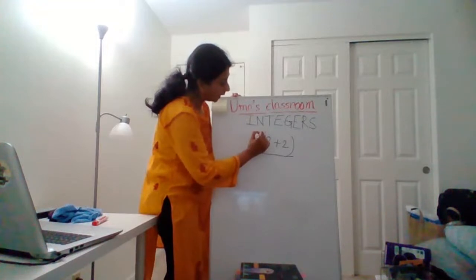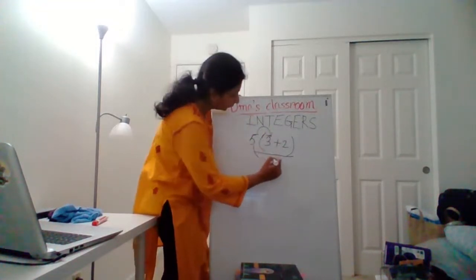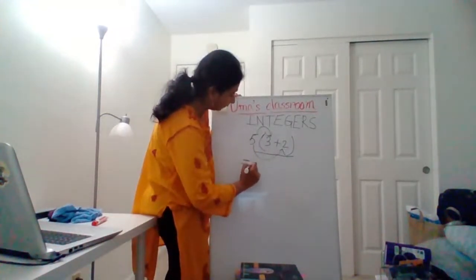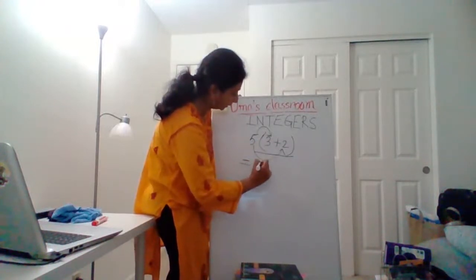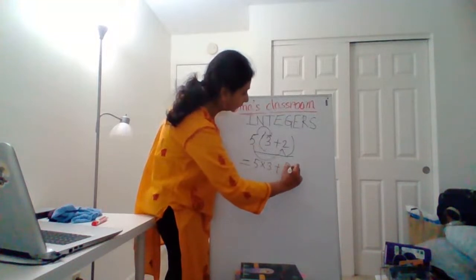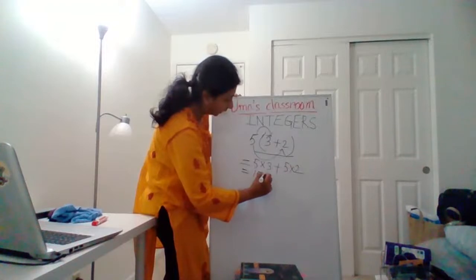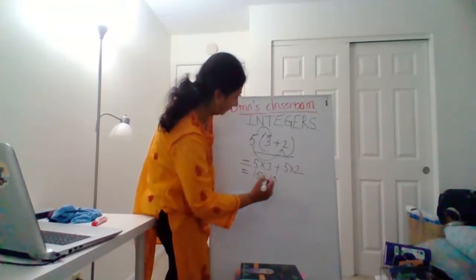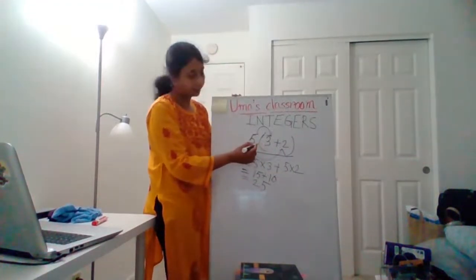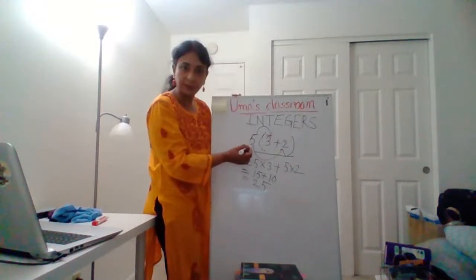That means this 5 will be multiplied with this 3 and then it will get multiplied with 2. If I perform this operation, first it is 5 times 3, then plus 5 times 2. So this is 15 plus 10, this is 25. And if I check the value from here, 3 plus 2 is 5, 5 times 5 is 25.